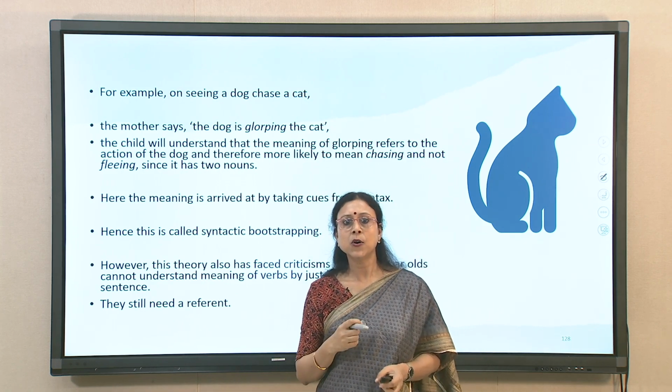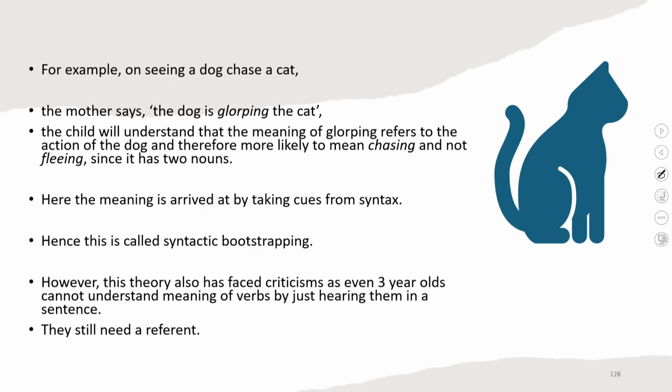So, for example, on seeing a dog chase a cat, the mother says the dog is glorping the cat. In this kind of scenario, the child will understand the meaning of glorping as referring to the activity that the dog is involved in right at that moment, not the cat. It means chasing and not fleeing.